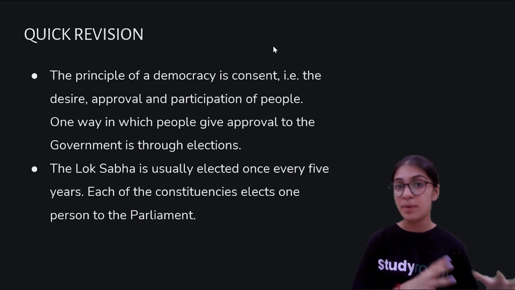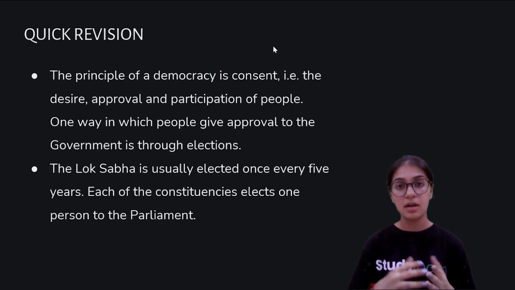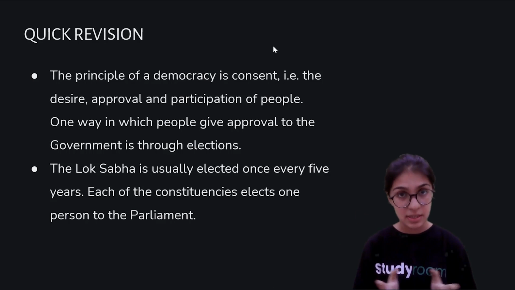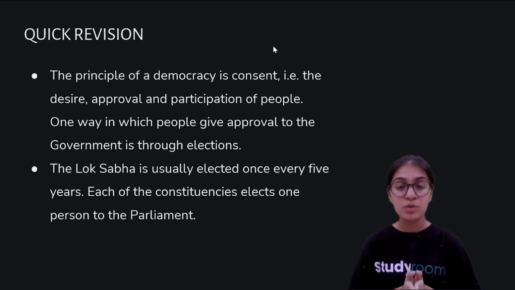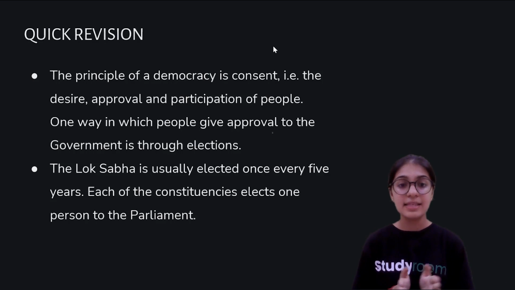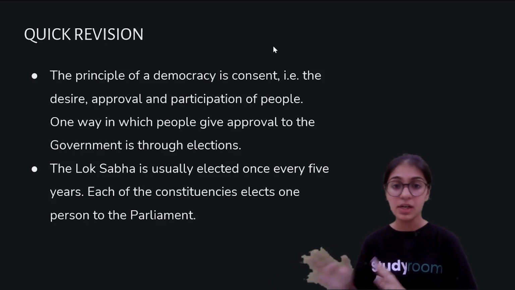Similarly, in the case of MLAs, there are different constituencies in a state, and whosoever gets the majority of votes becomes the member for that particular constituency. This is how members of Parliament are elected by the citizens of the country.